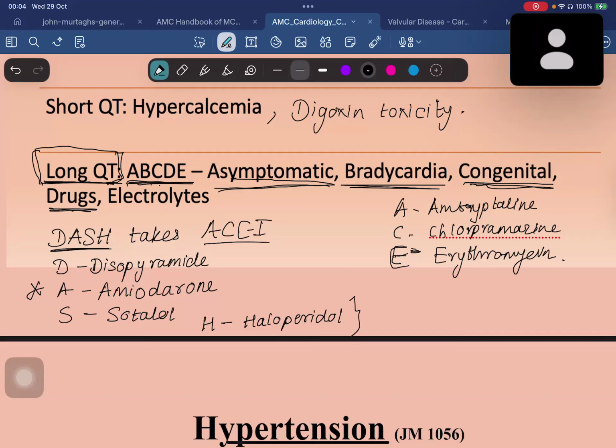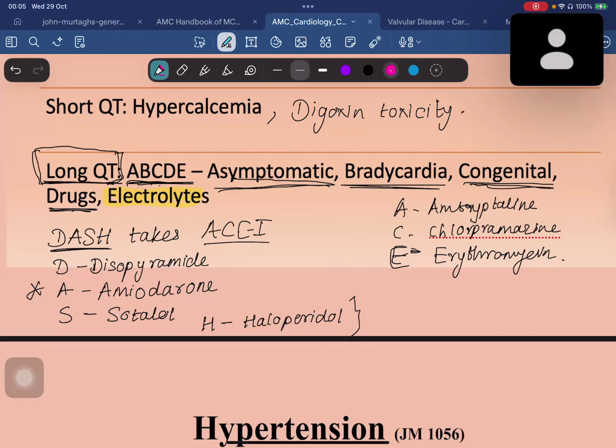I told you these little things are very important when it comes to remembering things, because you're not going to be remembering these drugs in any other way. So best is to just use little mnemonics and try to remember things. And we also have electrolytes that cause long QT.